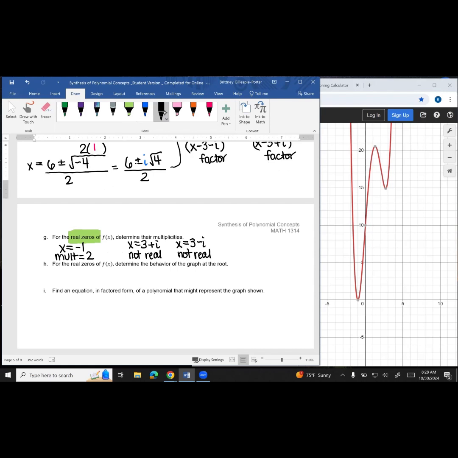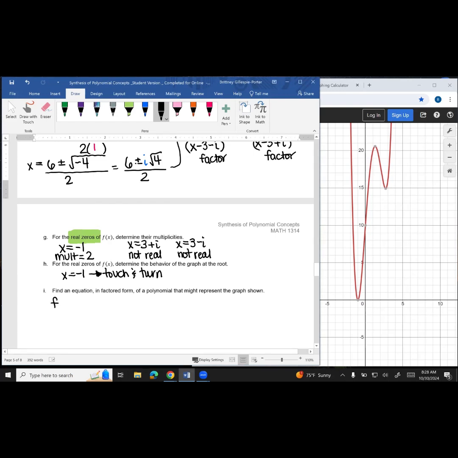They're not describing a behavior of the graph at the root. But at x equal to -1, since its multiplicity is even, the graph is going to touch and turn, or you could say bounce, at x equal to -1.